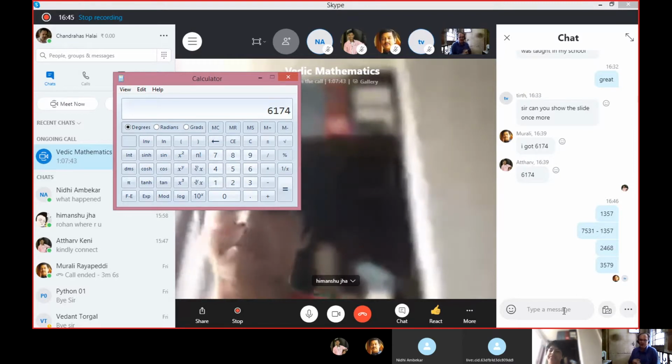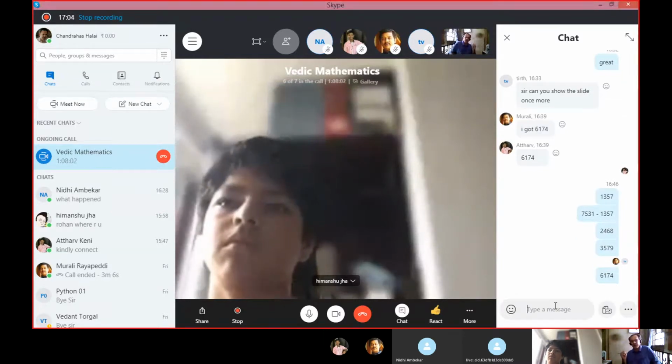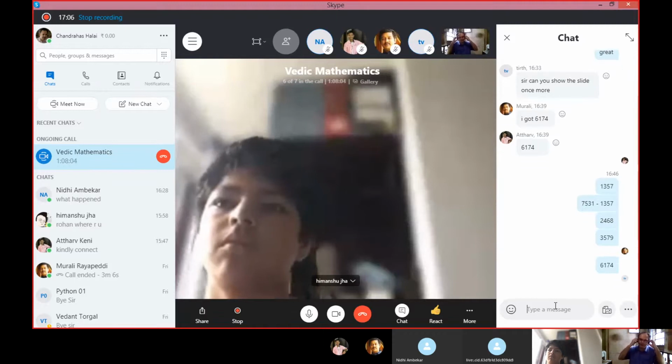So these are three special numbers which give you 6174 in just one single step. If you take other numbers, it might take at the most 7 steps. So 6174 is Kaprekar's constant for 4 digits.